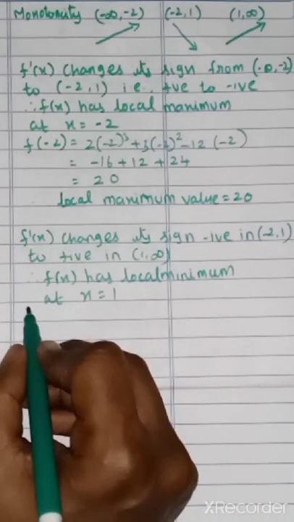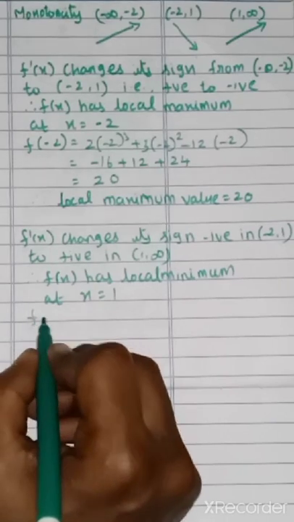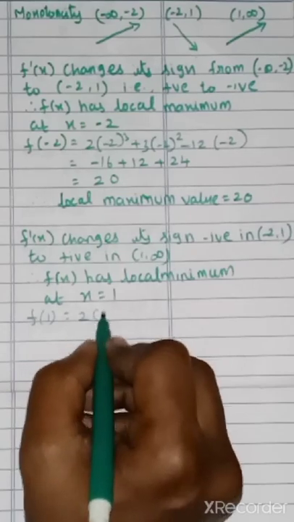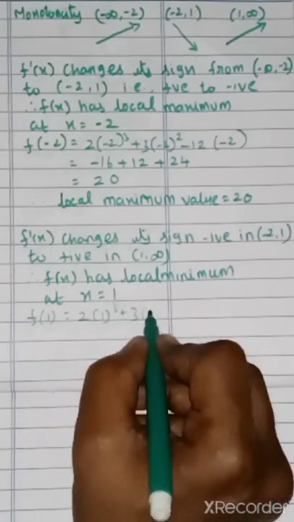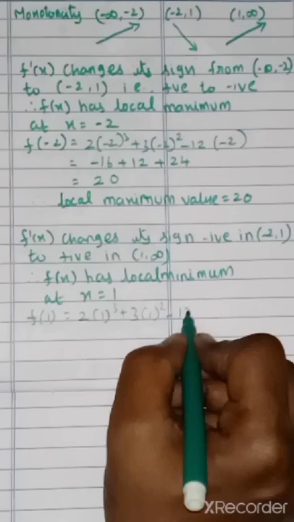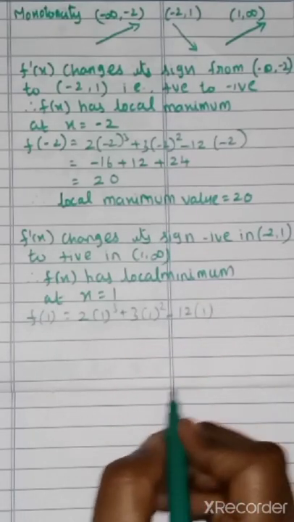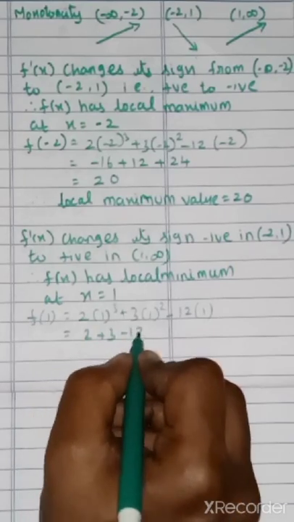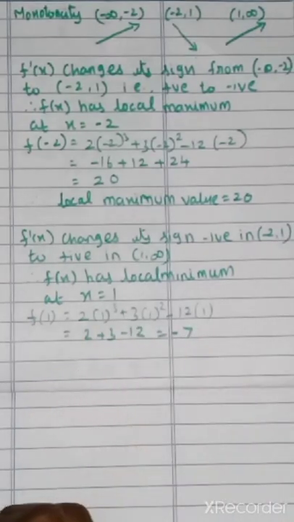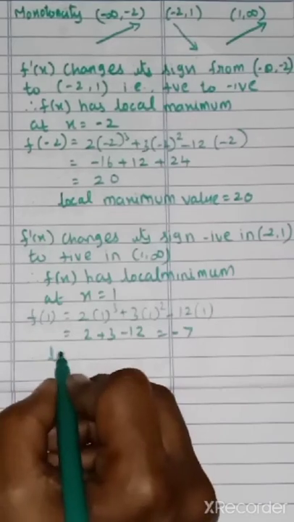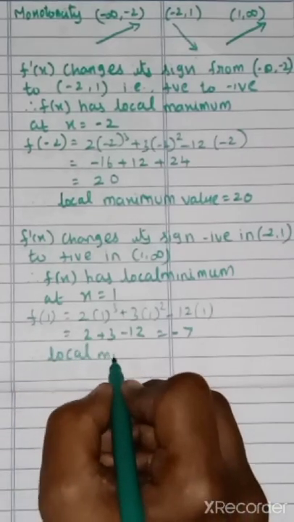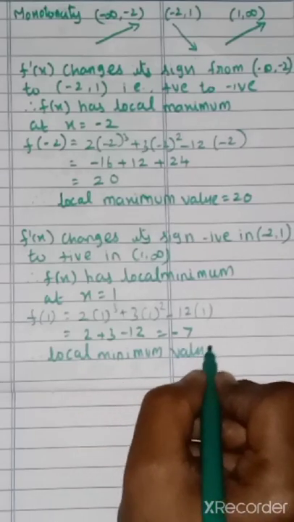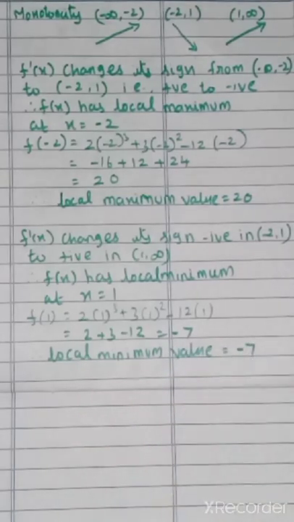Next, what do we find? The maximum and minimum value. So we substitute this in f of x. So f of 1 is equal to 2 into 1 cube plus 3 into 1 square minus 12 into 1, which is equal to 2 plus 3 minus 12, which is equal to minus 7. Therefore the local minimum value is equal to minus 7.